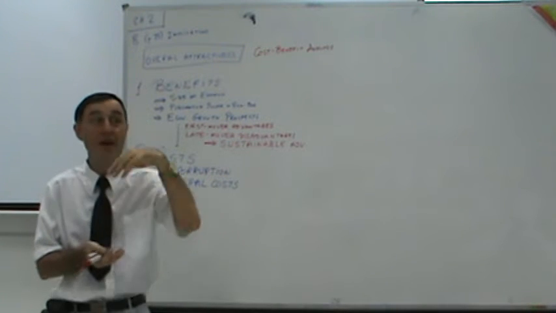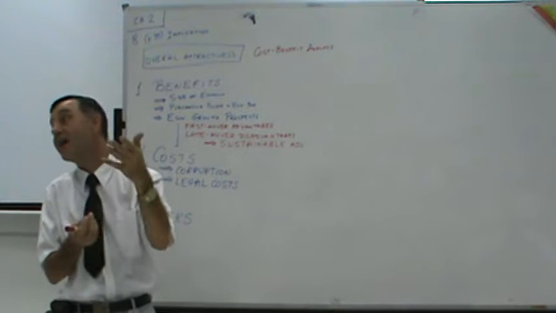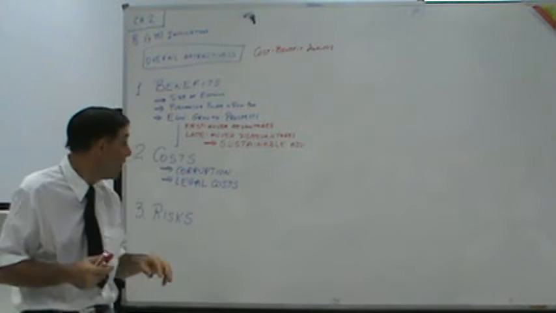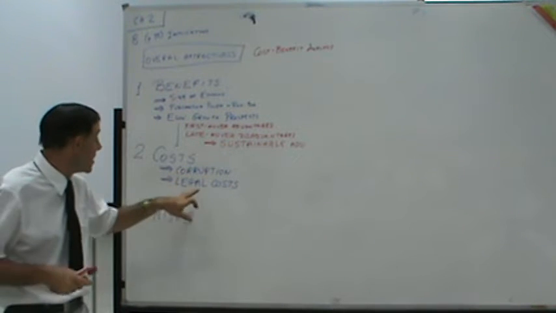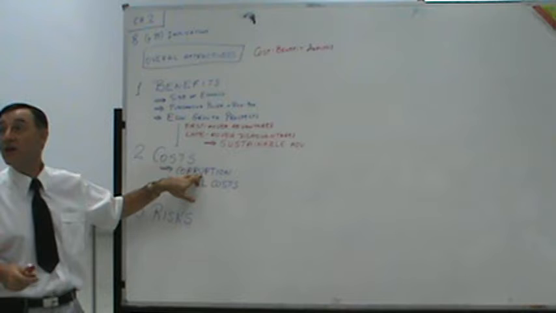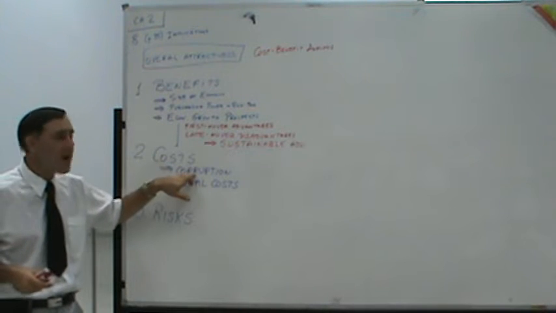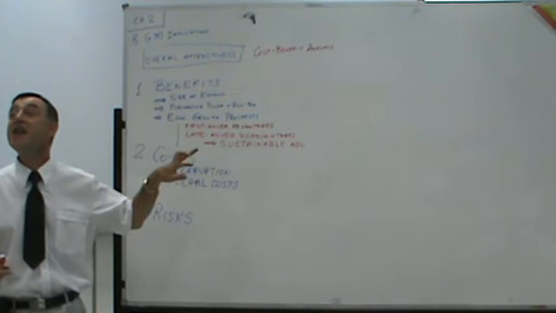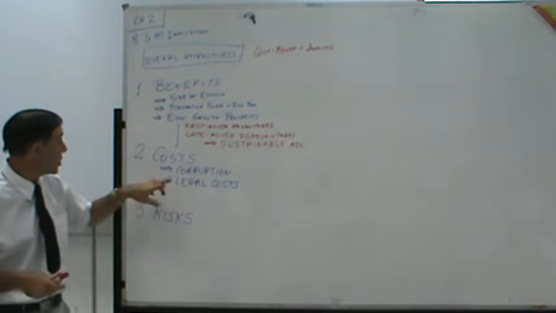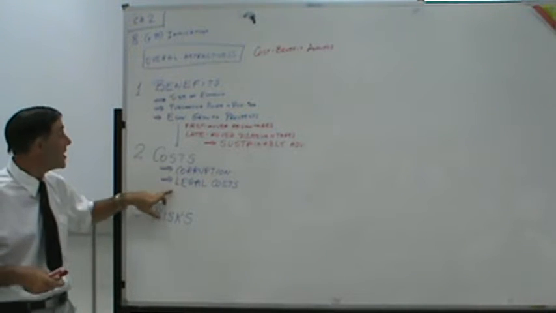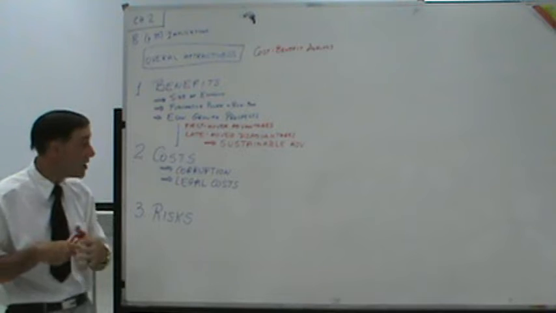Okay? You don't want to be paying millions where you could pay $500,000 or $250,000. So you're going to have a lot of legal costs on top of corruption. So what is corruption? Corruption is basically illegal costs. So you've got a bunch of illegal costs, you've got a bunch of legal costs.